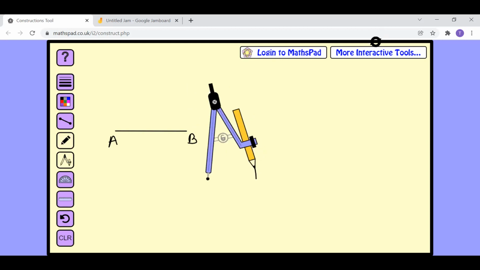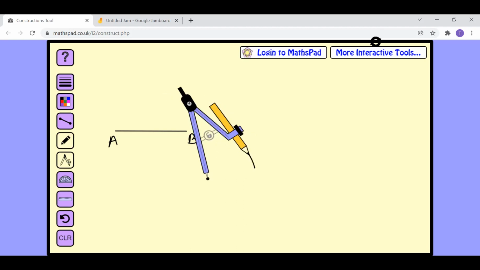At what place are you going to place the compass? A, right? The A point. Why at A? It's because we need to make 60 degrees at A, right? That's why you are going to place your compass at this point.